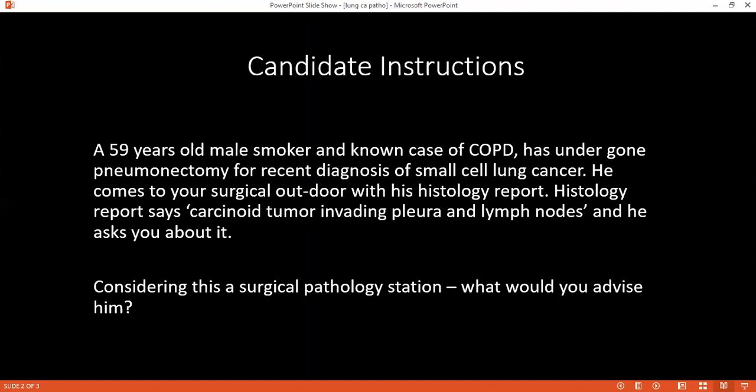For diagnosis, at first we will do a normal CBC, then ESR, then chest X-ray, then bronchoscopy, and to see the metastasis, we'll do a CT scan and an MRI.